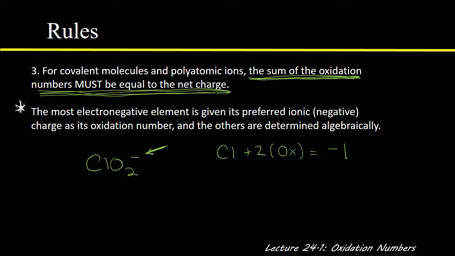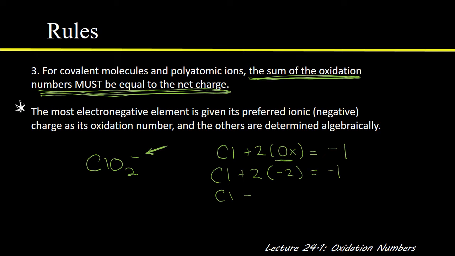That means we're going to give oxygen its preferred anionic charge. Chlorine is going to remain a variable. Okay. Oxygen's preferred charge, if it were an ion all by itself, oxygen would be -2. That's because of its position in the periodic table. And so that's all going to equal -1. Now we just have to solve this algebraically.